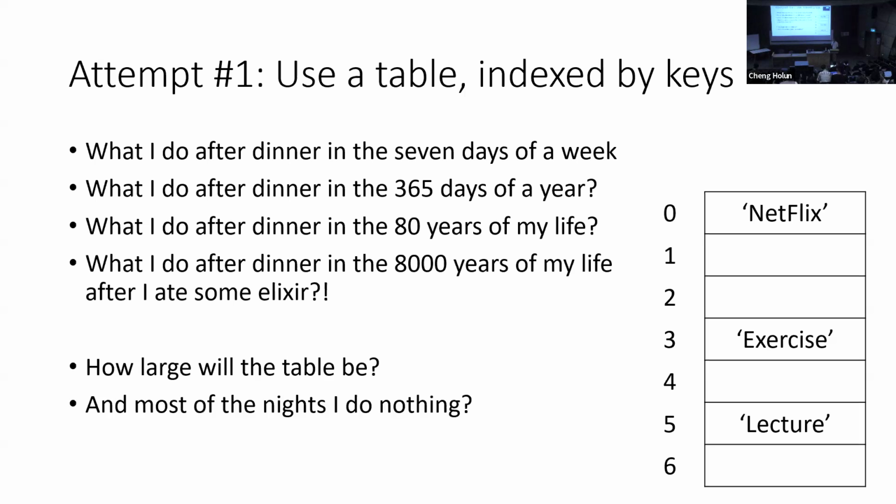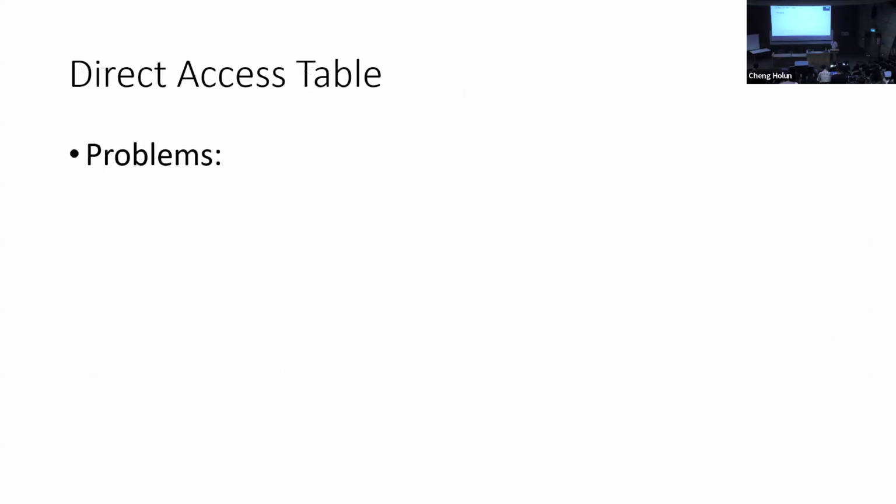Because the problem is you're wasting memory also. Most of the night you do nothing. So the problem is that will actually spend too much space, because you are labeling the entry index by your key. So think about that.